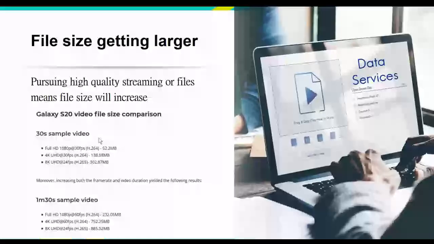And secondly, as we know, files are getting bigger. So let's see how big files are compared to the past. I believe 5 years ago, if people were looking for YouTube videos, they were talking about full HD. If you take a look at a 30-second sample video in full HD, it takes 52 megabytes, so almost 50 megabytes of data.